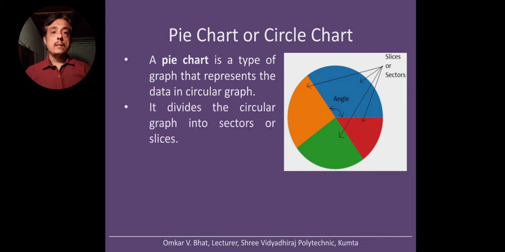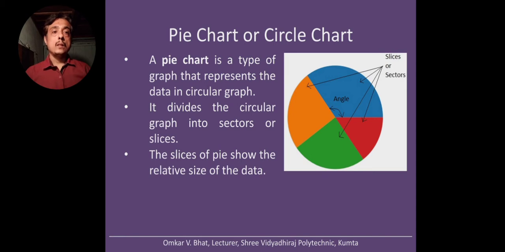It divides the circular graph into sectors or slices. ಸರ್ಕ್ಯುಲರ್ ಗ್ರಾಫ್ ಅನ್ನು ಸೆಕ್ಟರ್ಗಳಾಗಿ ಡಿವೈಡ್ ಮಾಡಿರ್ತಾರೆ. Each sector represents one category of data. So the slices of pie show the relative size of the data. Each slice shows a relative size of data.